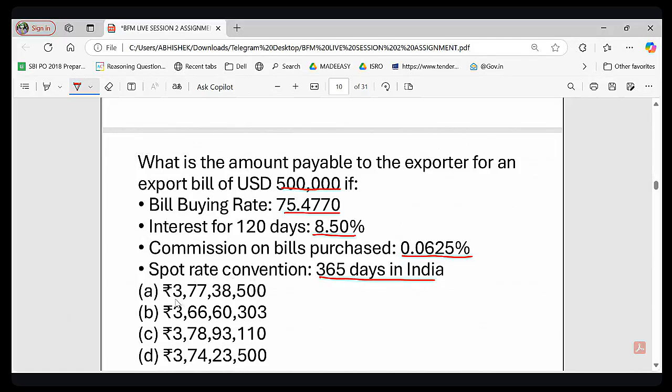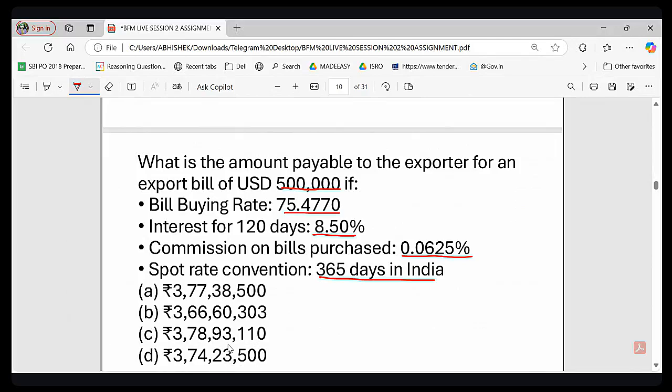You can see the first option is 3 crore 77 lakh 38,500. Option B is 3 crore 66 lakh 60,303. Option C is 3 crore 78 lakh 93,110, and option D is 3 crore 74 lakh 23,500.